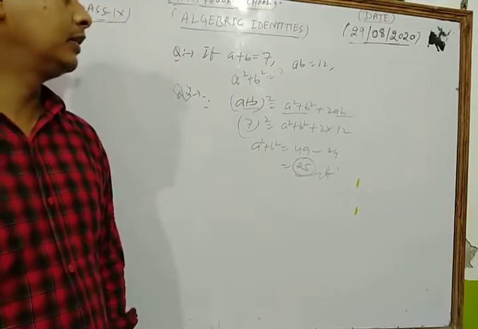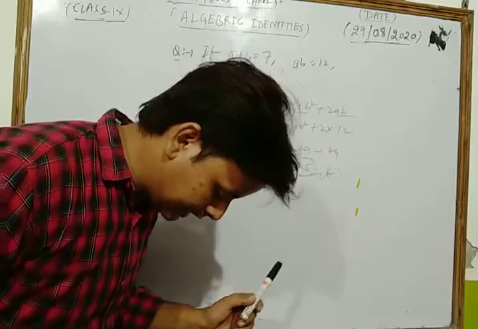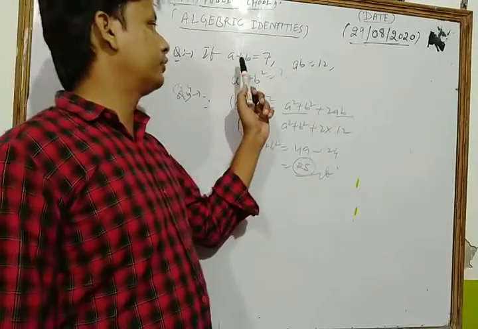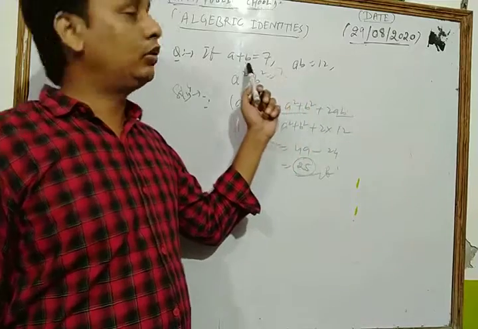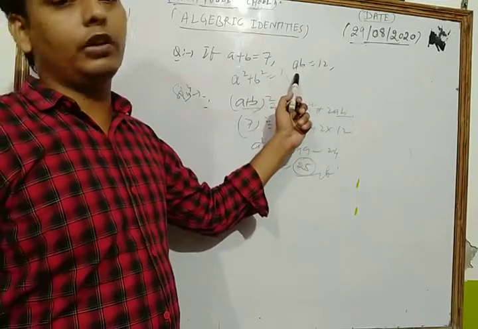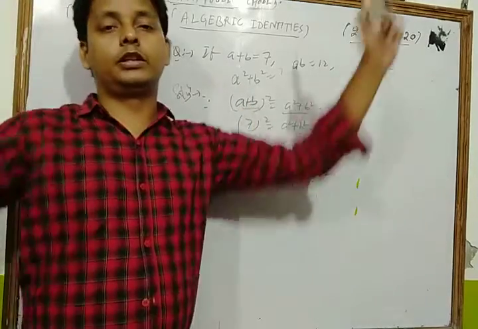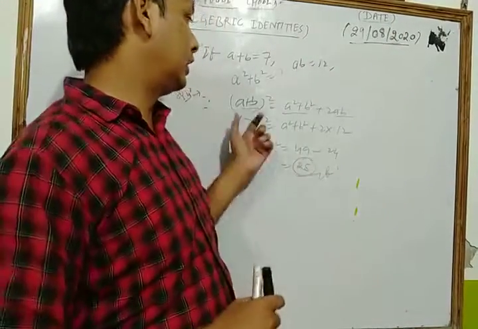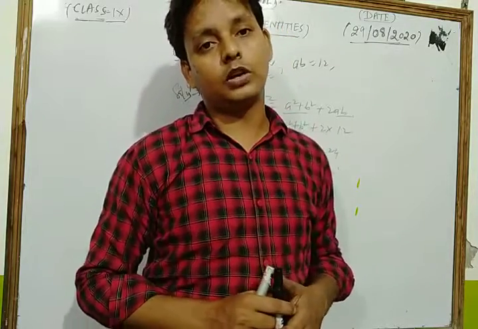Let's see once more. In that question we have two values: first the value of a plus b, and second the value of ab. The value of a plus b is 7 and the value of ab is 12. Now we find the value of a square plus b square. We know the formula of a plus b whole square is a square plus b square plus 2ab.